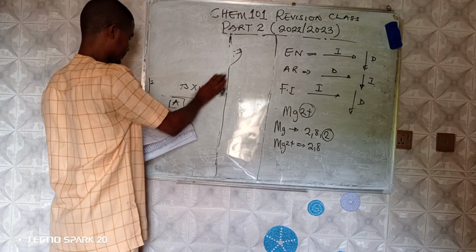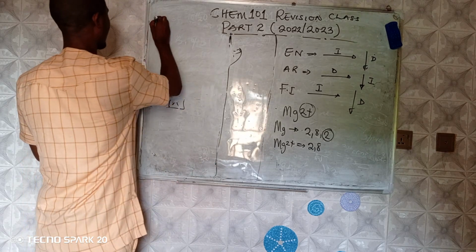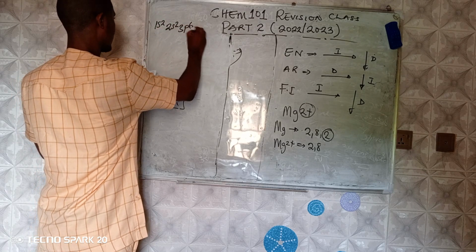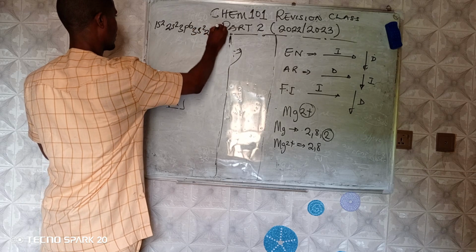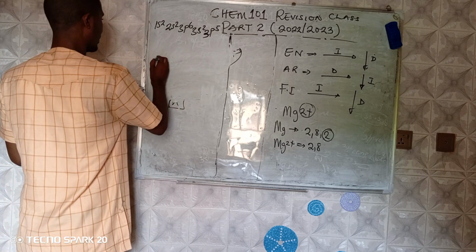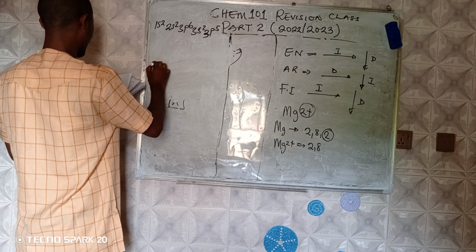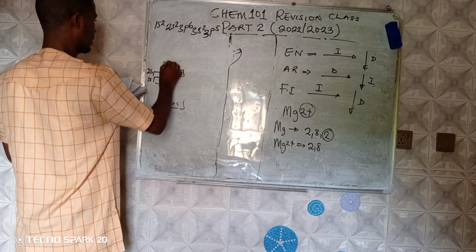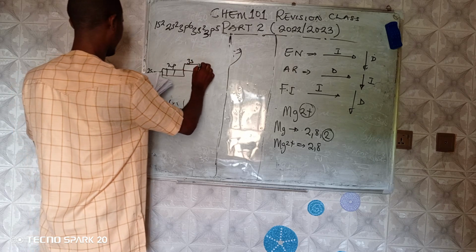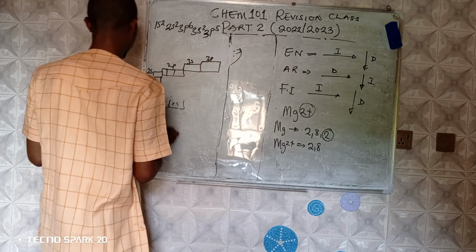The configuration for chlorine: 1s, 2s, 2p, 3s, 3p.